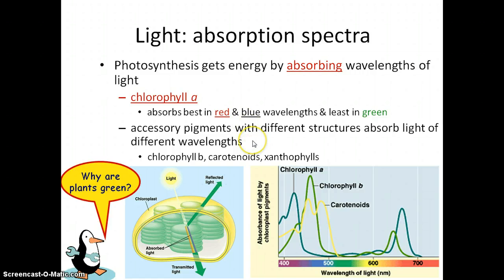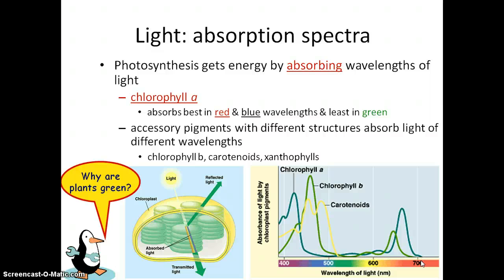One important thing to know about the different accessory pigments, such as chlorophyll B and the carotenoids and the xanthophylls, is that they are not directly involved in the light reactions. What they serve to do instead is pass on their energy.